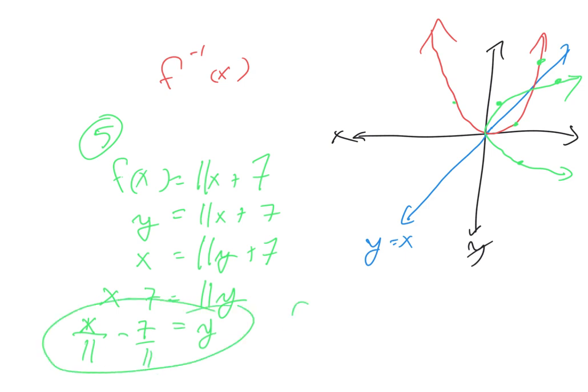This would be the inverse function, which would be x over 11 minus 7 over 11. They're all linear equations, so it's pretty straightforward.